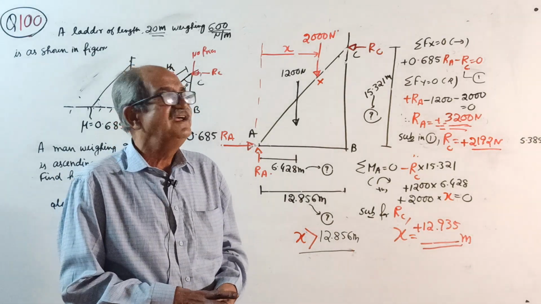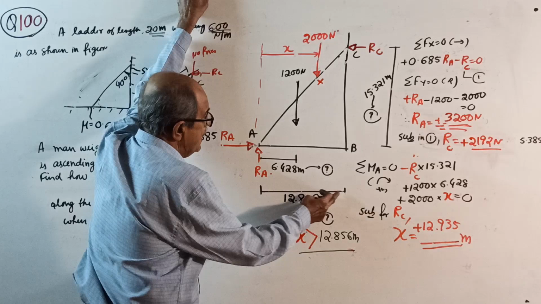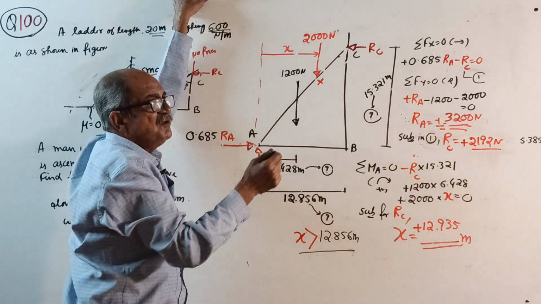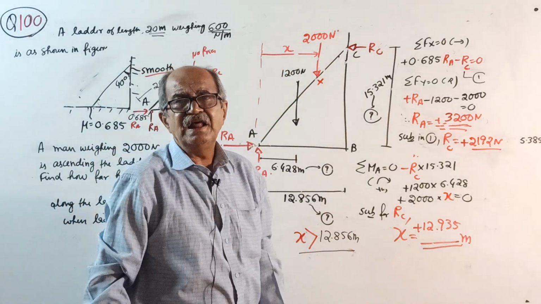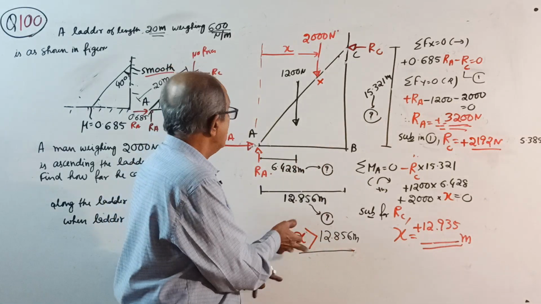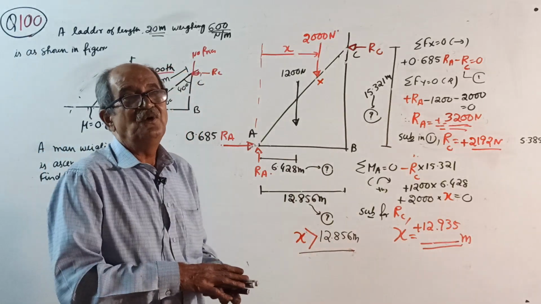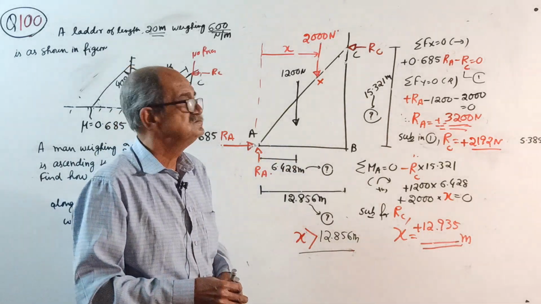So I decided that if the answer comes only 12.85 meter, when he is almost reaching the top, suddenly the ladder slips, no, that should not happen. So this time, that's why question number 100 is celebration time. We will celebrate. With anxiety we are watching him. Now somehow he escaped.